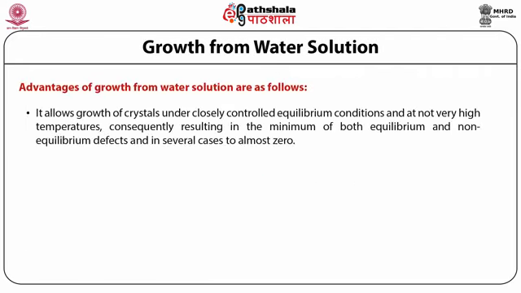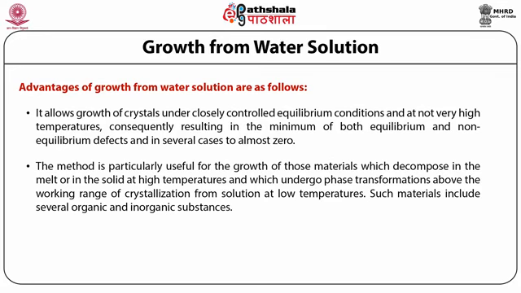Number four, it allows growth of crystals under closely controlled equilibrium conditions and at not very high temperatures, consequently resulting in the minimum of both equilibrium and non-equilibrium defects, and in several cases almost zero. Number five, the method is particularly useful for the growth of those materials which decompose in the melt or in the solid at high temperatures and which undergo phase transformation above the working range of crystallization from solution at low temperatures.